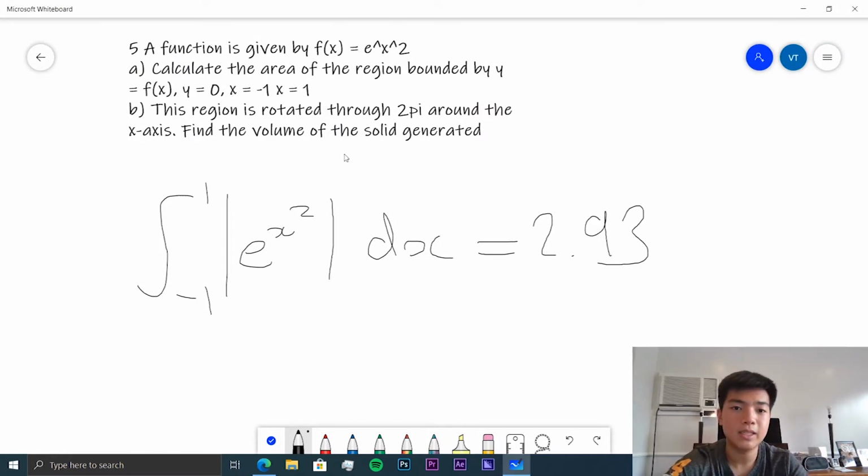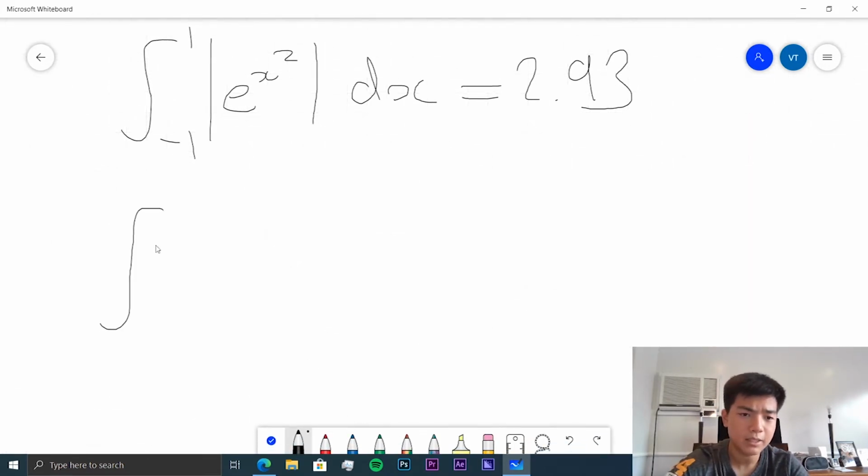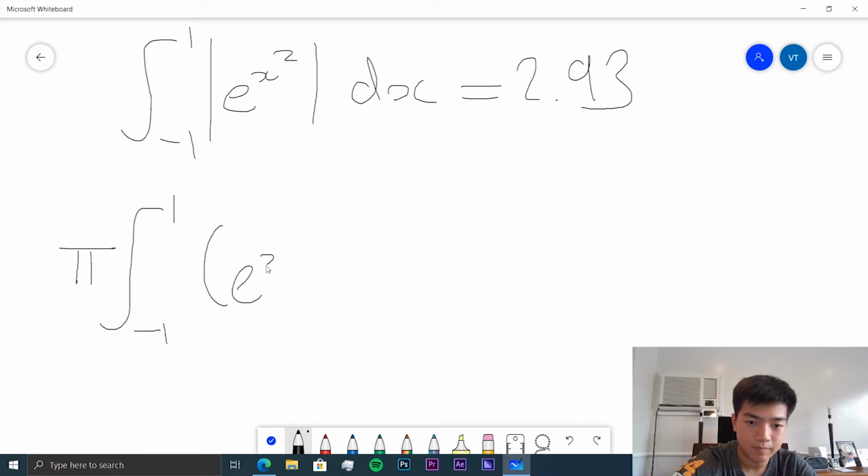So if we rotate this through 2 pi around the x-axis, we need to find the volume of the solid generated. To find the volume of the solid around the x-axis, we need to integrate this squared. So e to the x squared, squared, which is e to the 2x squared, I think.